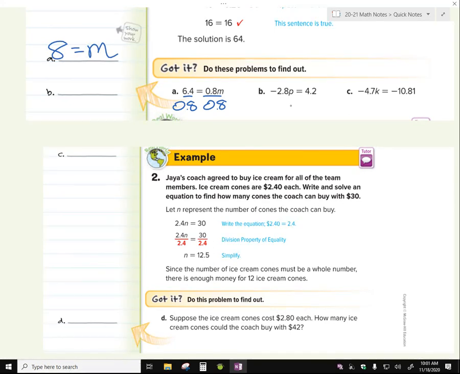For b, same situation. I'm just dividing by the coefficient. This one here, you have to make sure that you know that it's going to be negative, because a negative divided by a positive is negative. What does that one come out to be? Someone with a calculator?